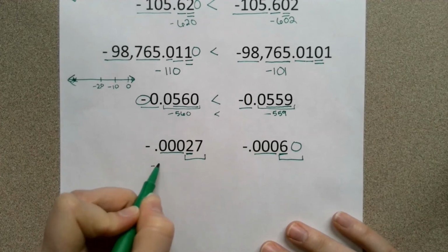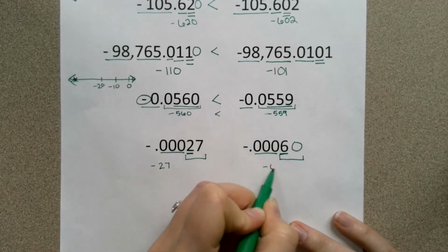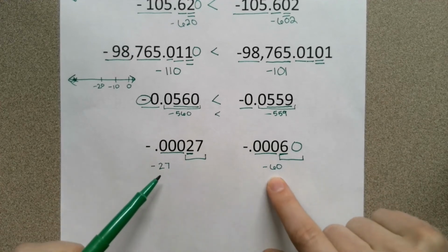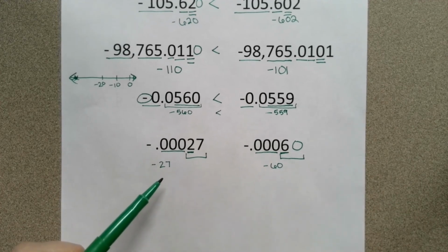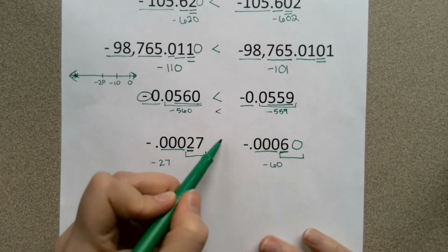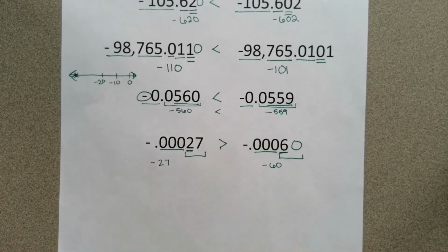So then we're comparing a -27 and a -60. When we compare them, -27 is closer to 0, meaning it's also closer to those positive numbers, meaning it would have a greater value than a number farther from 0.